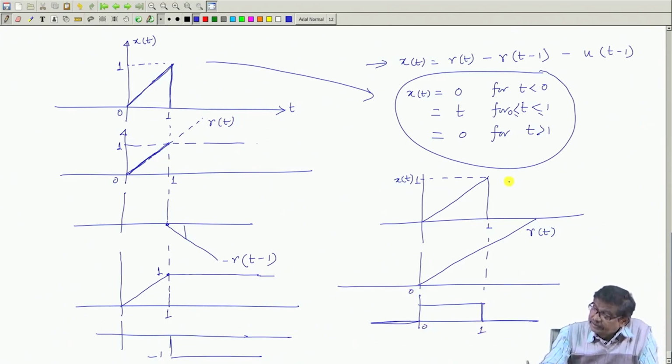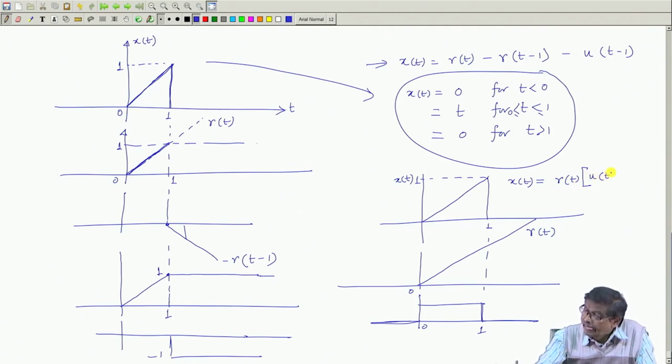So, x(t) also could be written like this: t into u(t) minus u(t minus 1), because below this it is 0. So, it is giving this part during this portion, this unit step into 1 continues up to this.